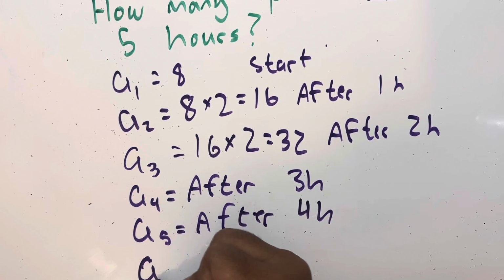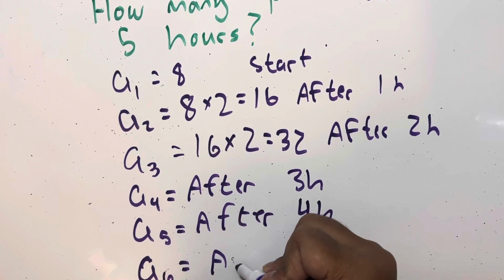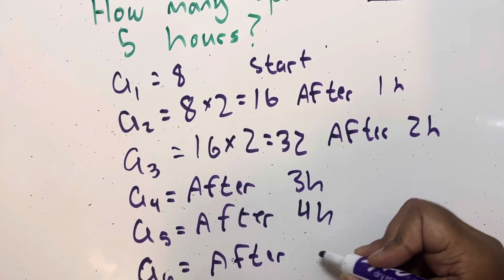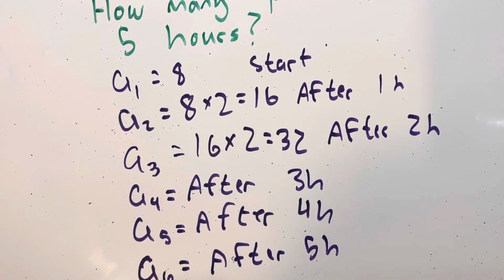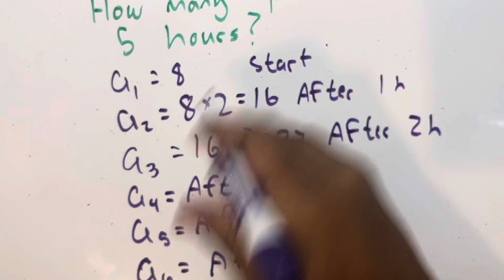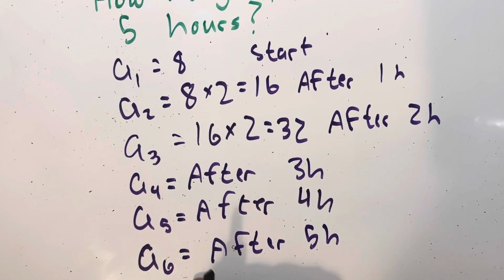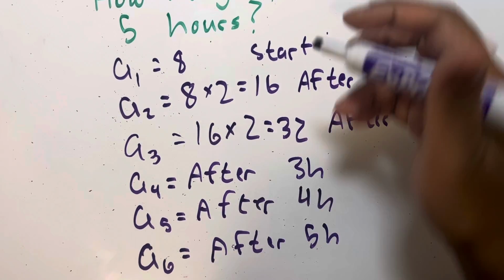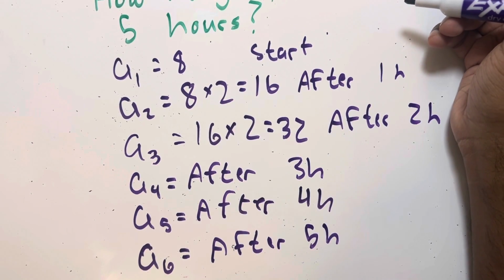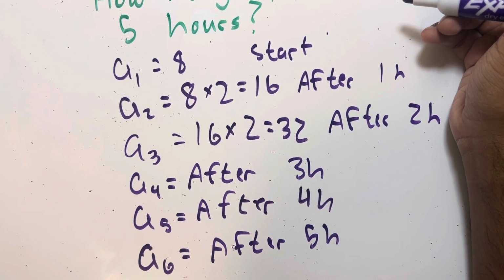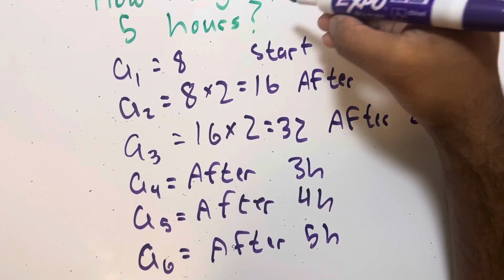And a6 will be after 5 hours. So as you can see, after 5 hours, I'm not looking for a of 5. I'm not looking for the 5th term technically. I'm looking for the 6th term. Let's keep that in mind.